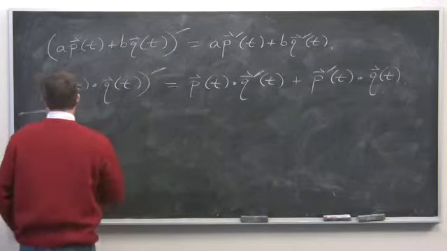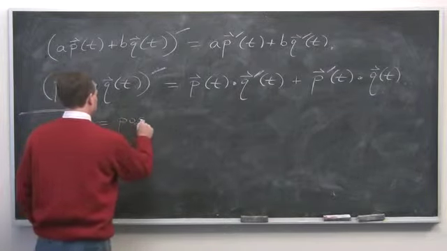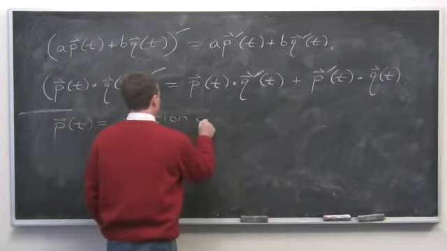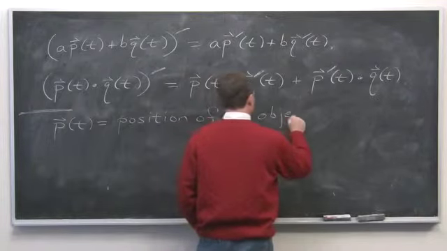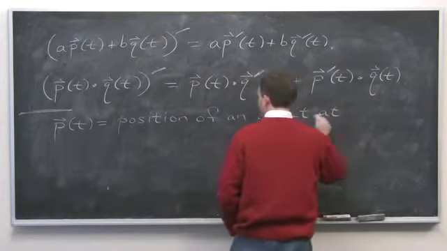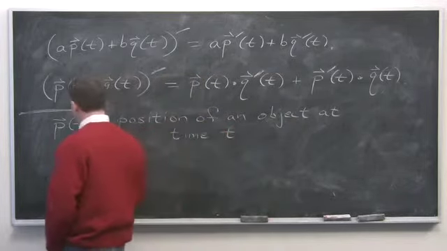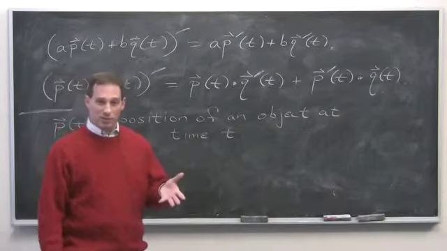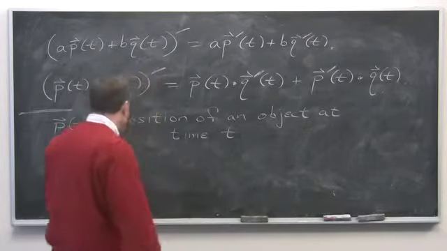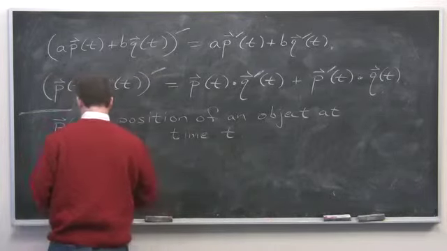But it is worth stating explicitly that if p of t equals the position of an object at time t, then its derivative, a vector valued function, is the instantaneous rate of change of the position function, the position vector. It's a vector in and of itself, and that vector is called the velocity vector.